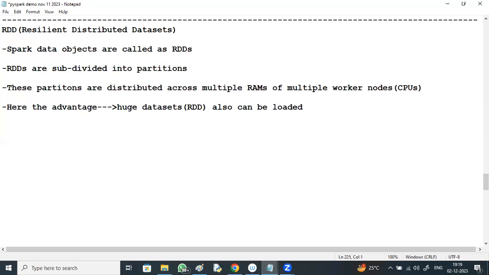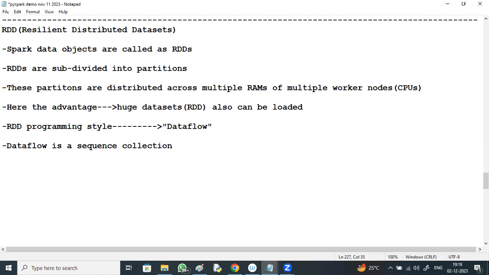So with RDDs, you need to know the RDD programming style, which is data flow. Data flow means a sequence collection of pipes.